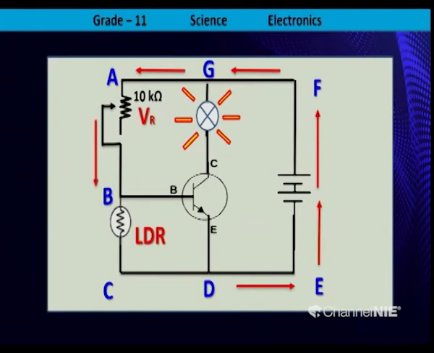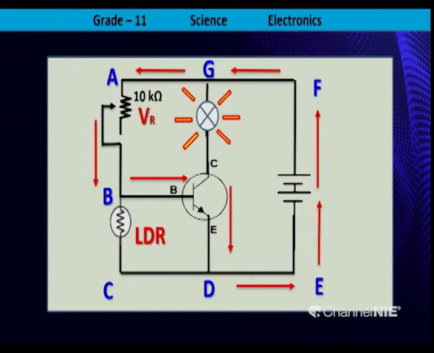In that case, what happens? Does current flow through the LDR? What do you think? No. Current does not pass through the LDR because the resistance of the LDR is very high. Then current passes through the transistor, through the base, and then emitter to D through the circuit.